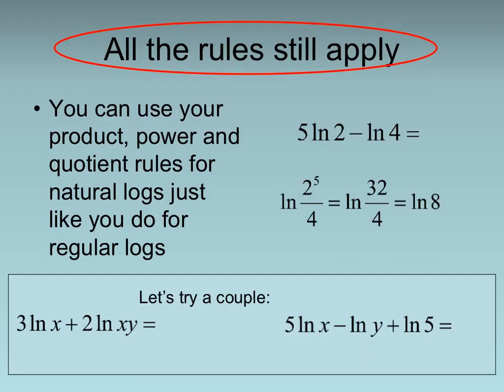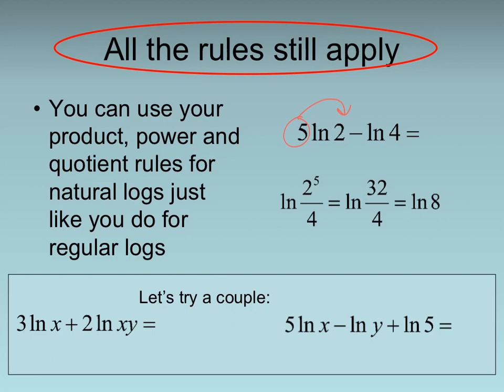Now, all of the rules that apply to regular logs still apply to natural logs, which is super awesome. For example, over here on the right-hand side, I can bring this 5 up to my 2, so I'd get 2 to the 5th, which is 32. Which is what we see here. And since it's subtraction, I can write it as division. So I end up with natural log of 8.